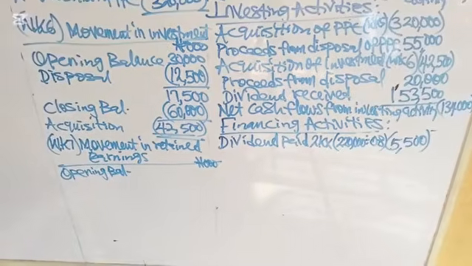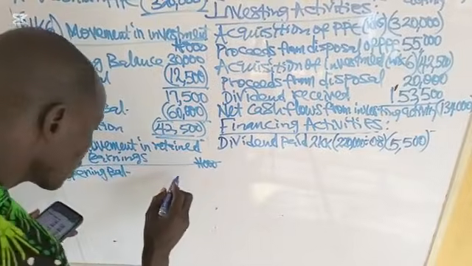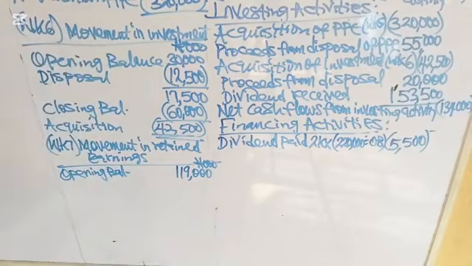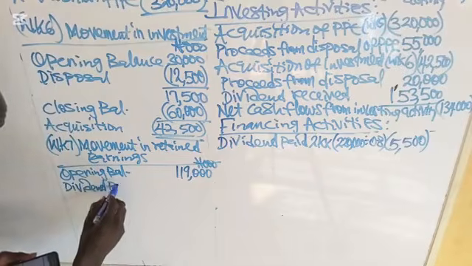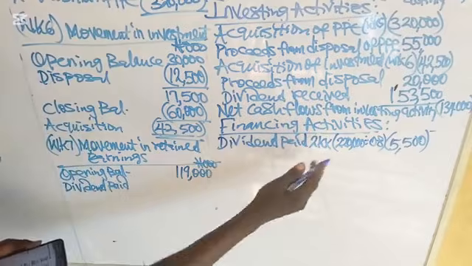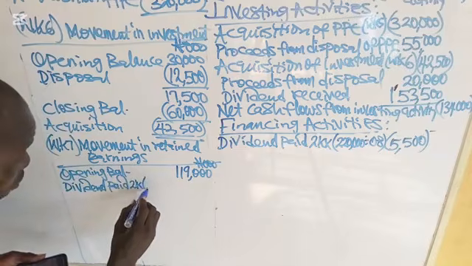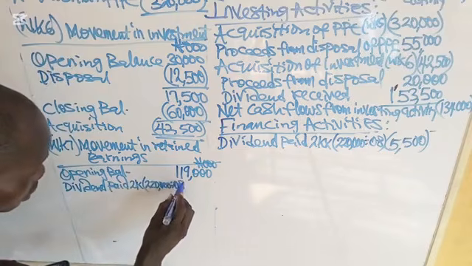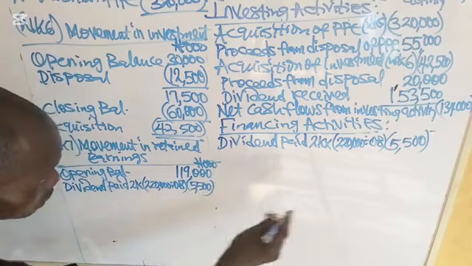Retained earnings is 119,000. You have dividend paid, as calculated, 2 kobo of 220,000 divided by 0.8, which is 5,500. Dividend paid as calculated.